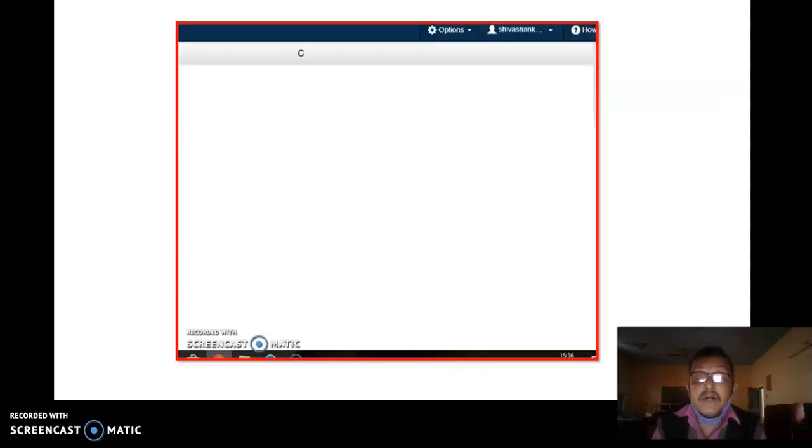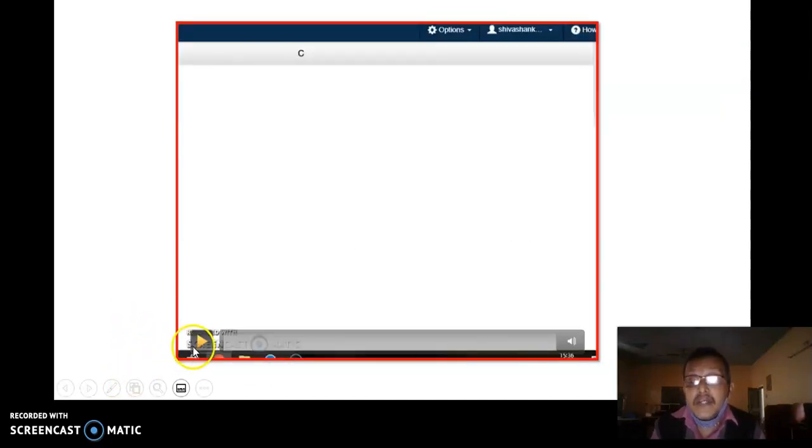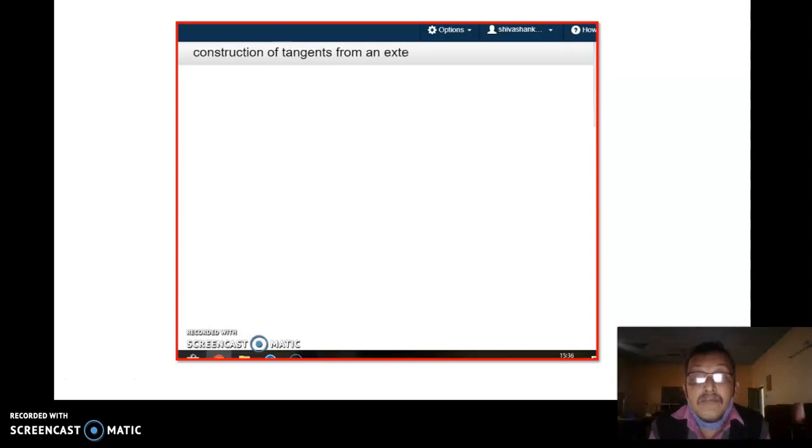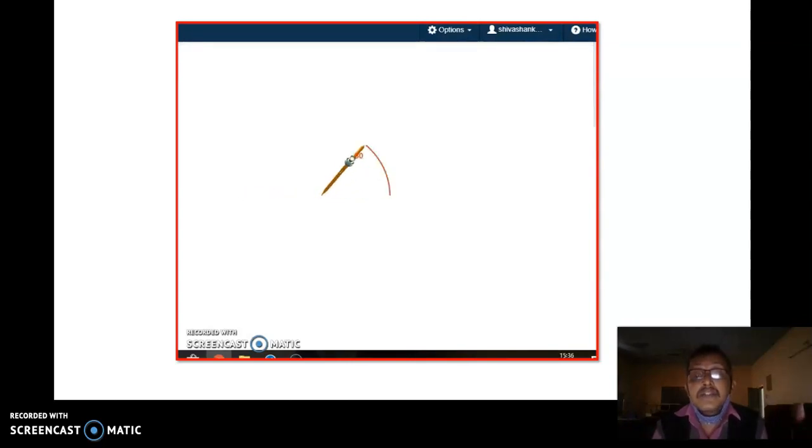Okay. Now let us see how to construct a tangent from an external point. See the video here. First, draw the circle of radius 5 centimeter by using a compass. Draw the circle like this. Okay, this is the circle.